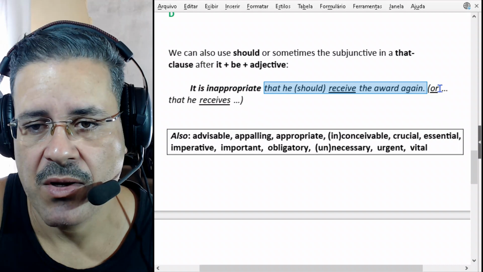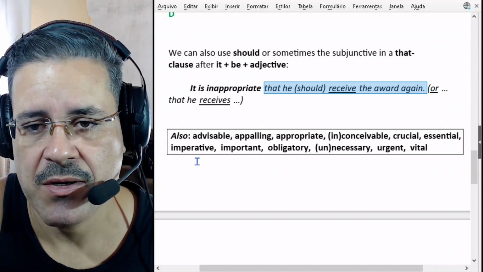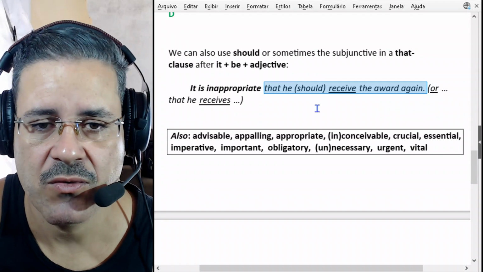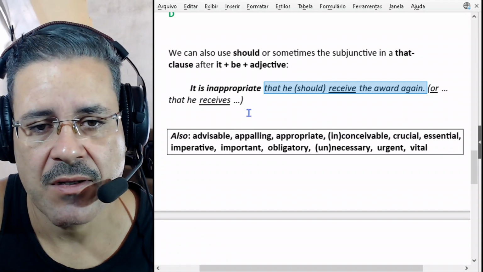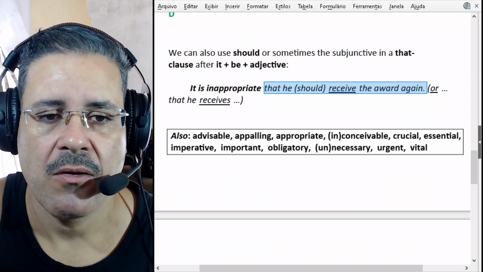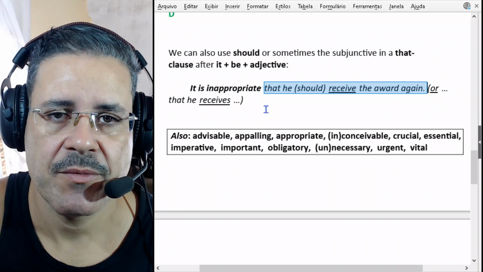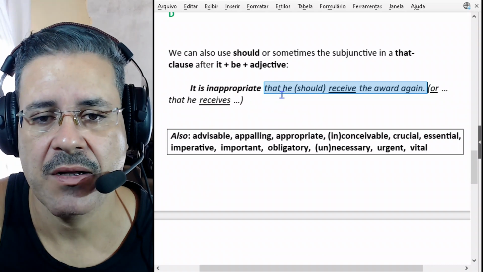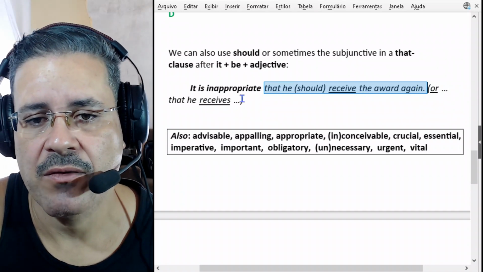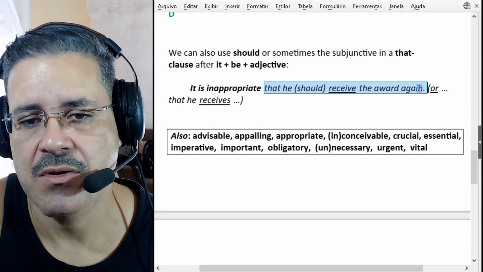So we have the alternative. We can use the simple present or we can use the subjunctive. The simple present is more usual, of course. It's inappropriate that he receives the award again, or in the subjunctive, it's inappropriate that he receive the award again, or that he should receive the award again.